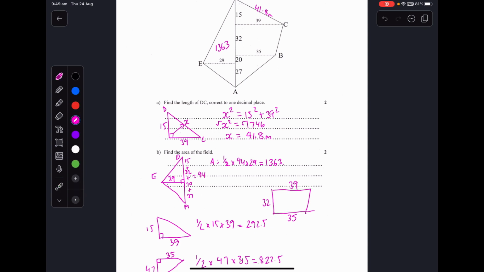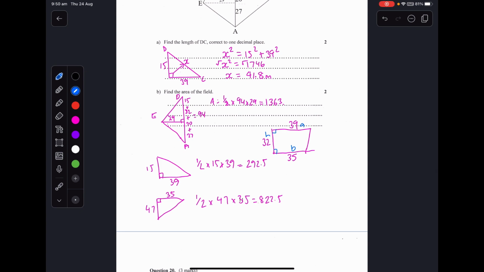So that means that we've got A here, B here, and our perpendicular height to both of those parallel sides will be our height. So for our trapezium, we're going to have a half times our A plus B, 39 plus 35 times by 32, our height, okay? And that comes out at 1184.